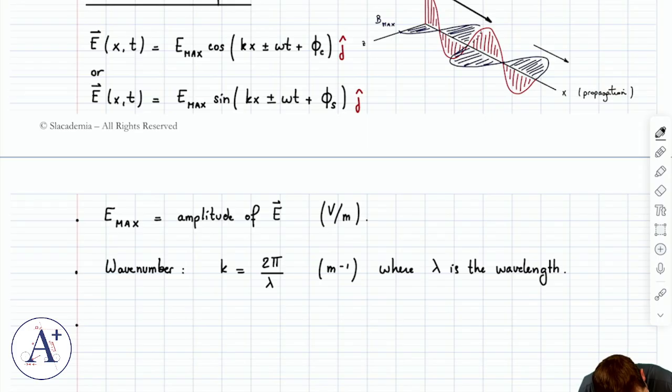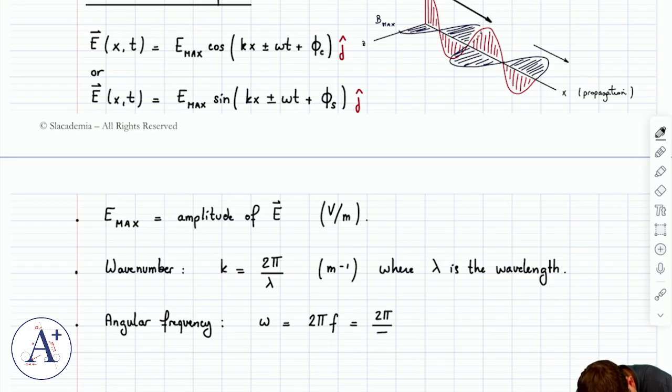Then we have the angular frequency, which is omega. Now omega is 2 pi times f, the frequency, or better put, 2 pi over the period, T. That's going to be in radians per second.